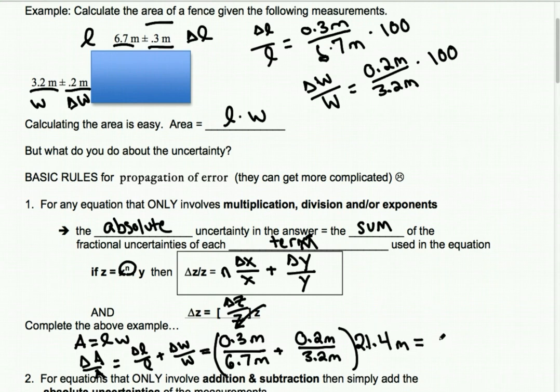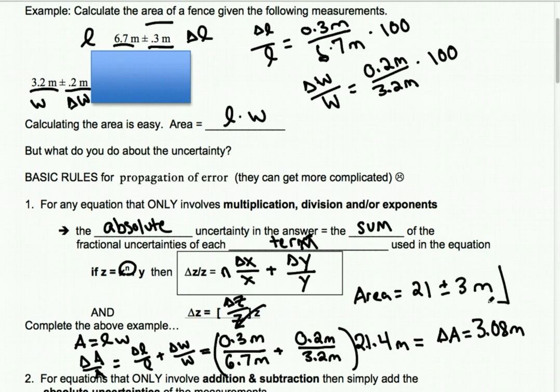What I end up getting is a value, my delta area, my uncertainty in my area, is 3.08 meters, and my area is 21.4. So my final expression for my area is going to be 21, okay, I'm going to round to 2 sig figs because each value had 2 sig figs, plus or minus, and I'm going to round this to 1 sig fig, 3 meters.